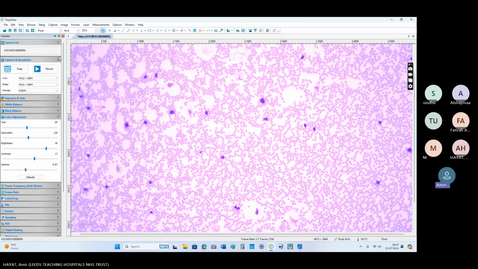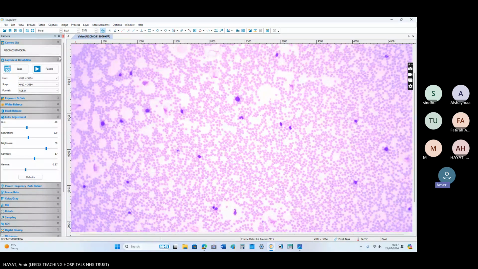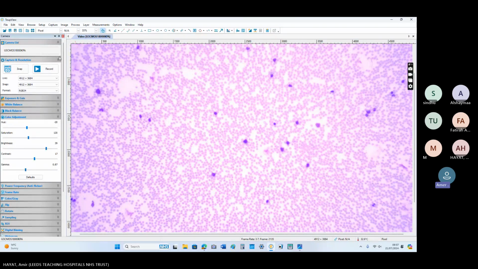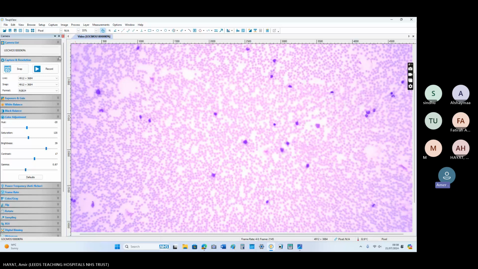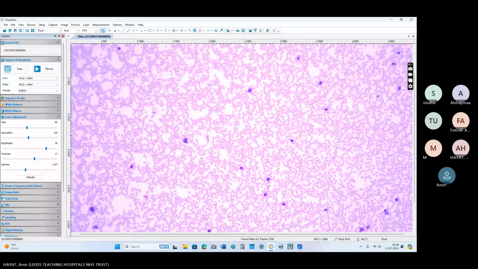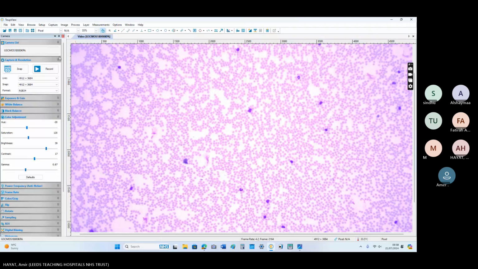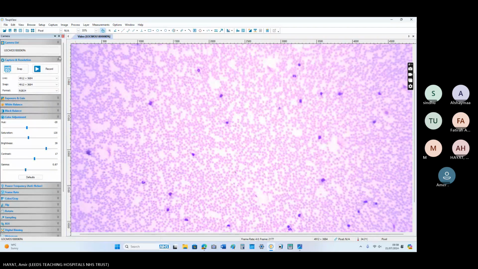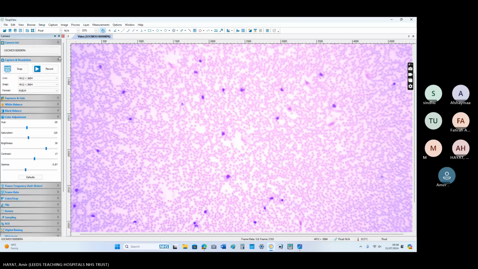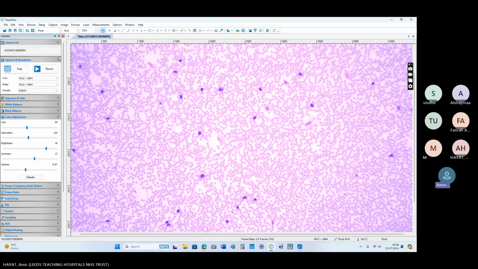Just to give you a hint, this case came in the FRCPath exam twice in a row, and it is very common in the short case of morphology. I will go to 50 power.